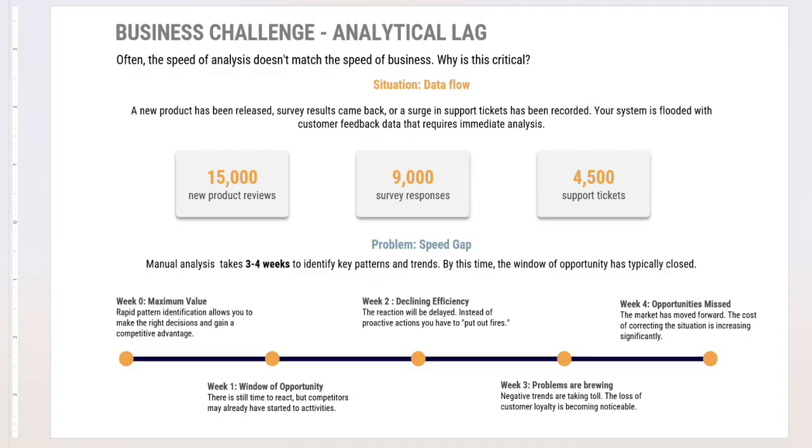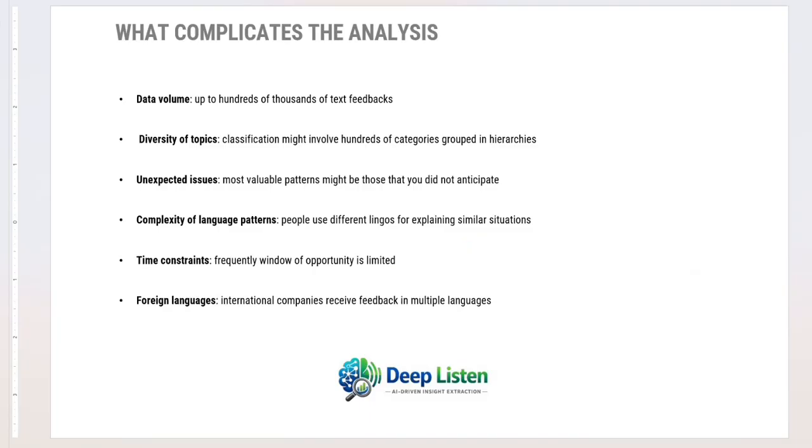And the second issue with the data is that it is not only voluminous, but it is pretty diverse. People can be talking about different topics. And another issue is that you do not know in advance what they're going to bring up. And those issues that are unexpected can hurt you potentially the most, or might be the largest opportunity that you have.